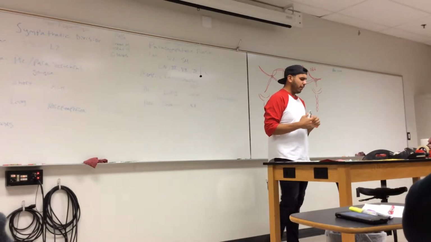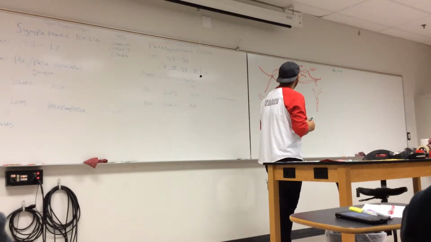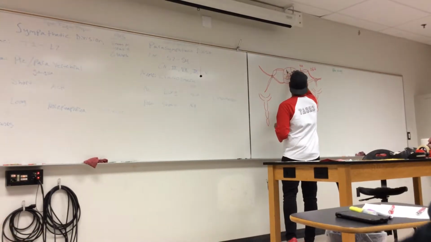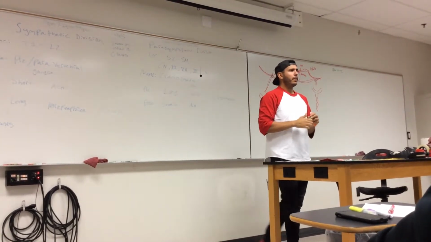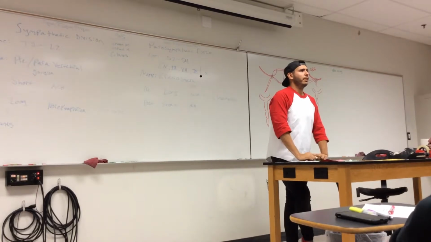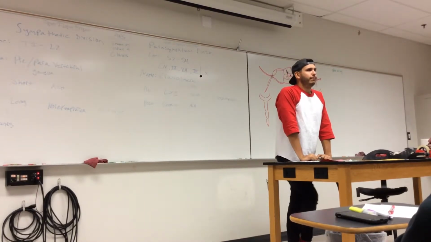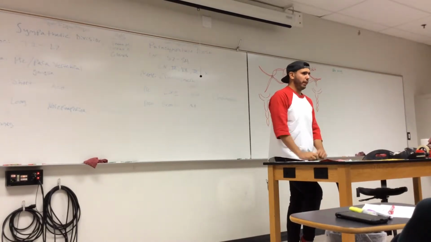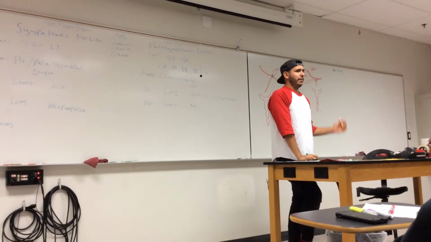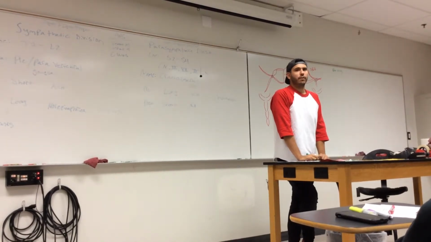Okay? The bigger thing that I want you guys to understand is this, because this is going to be questions on your exam. She'll give you an example like, your heart rate has increased due to something. Where was the first synapse?